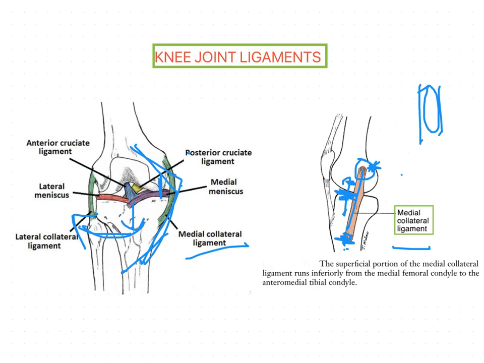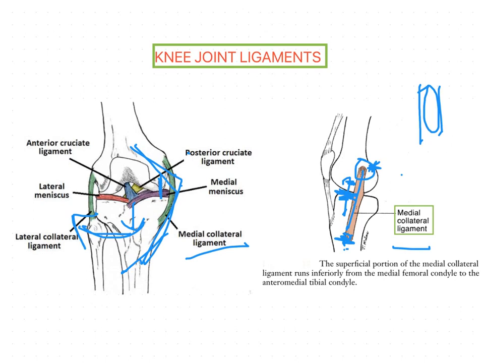If an isolated medial collateral ligament injury occurs, the ligament will often heal on its own. If there is a combination with any other ligament injury, then surgical intervention is needed to correct this medial collateral ligament. So this is all about the medial collateral ligament.